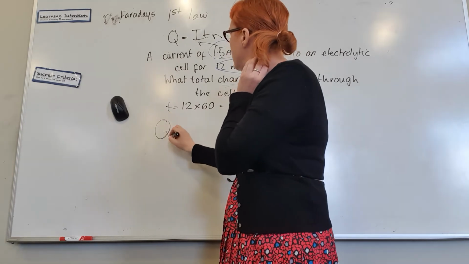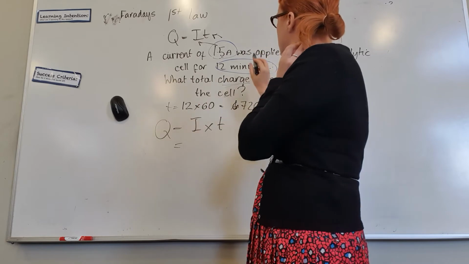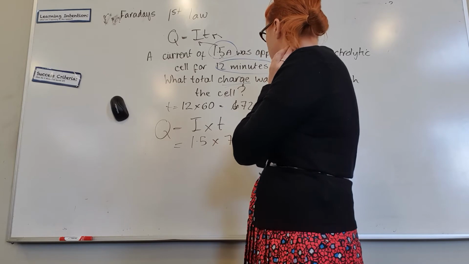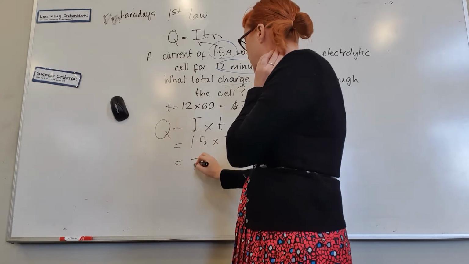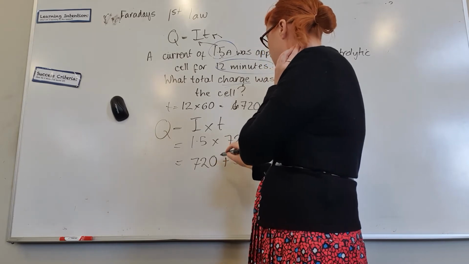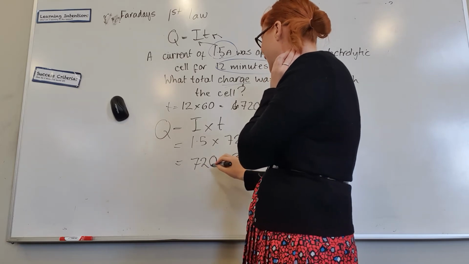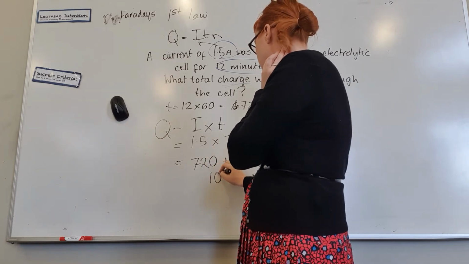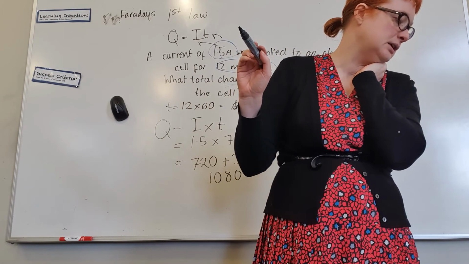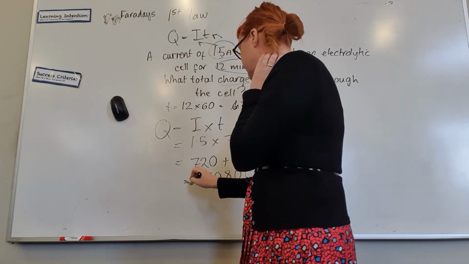So Q equals I times T. 1.5 times 720 plus 360, that's 1,080, and the unit is C.